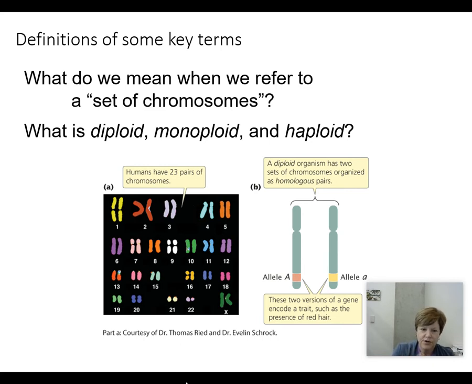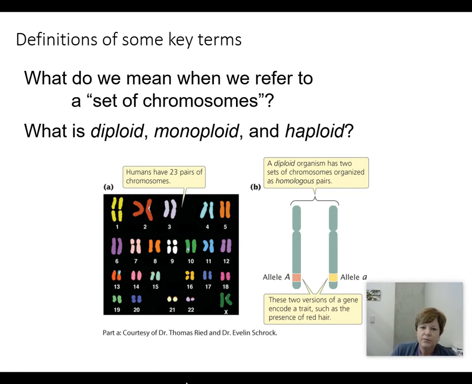The other 1 of each of those makes the other set. So when you have 2 sets of chromosomes in a cell, we say the cell is diploid. And if there are 2 copies of every type of chromosome, then we say the chromosomes have homologous pairs.